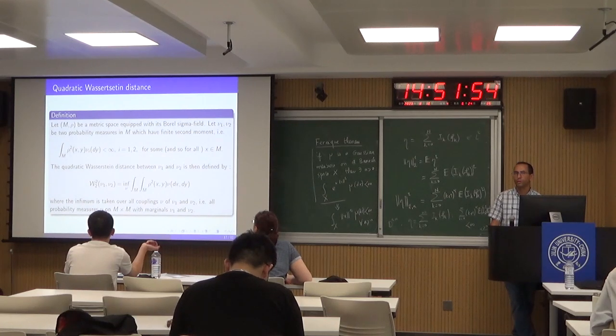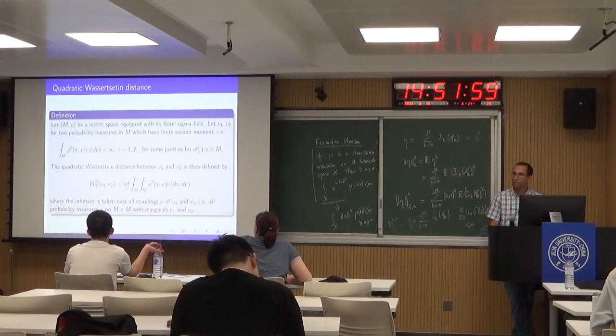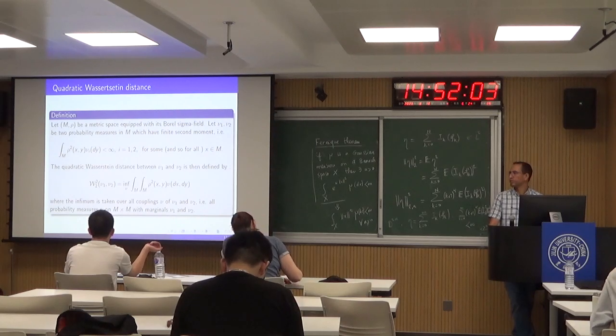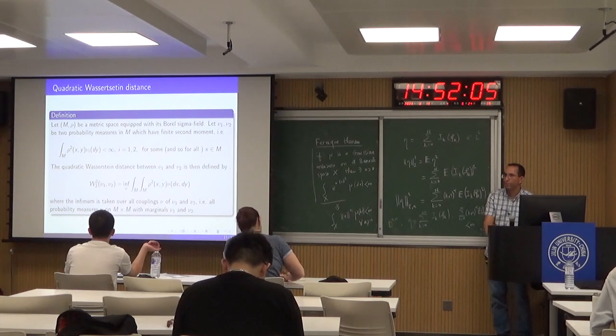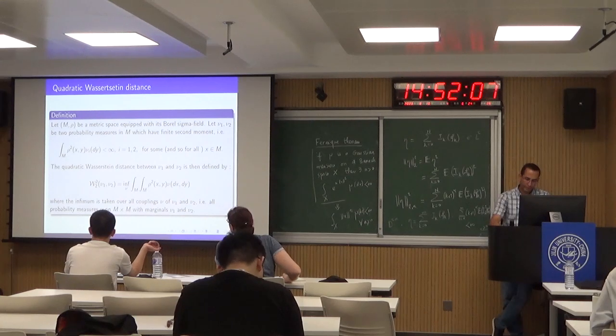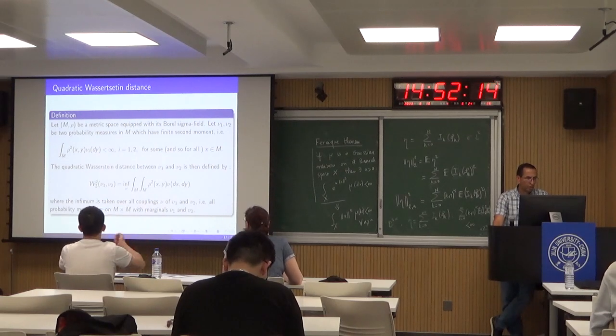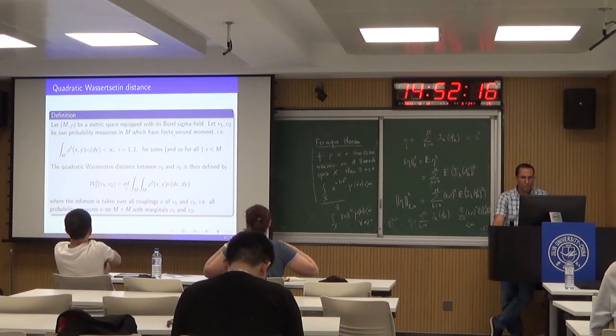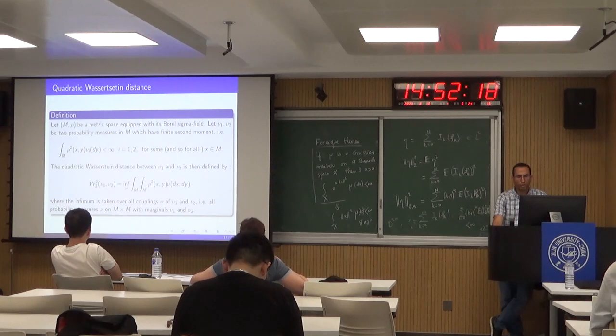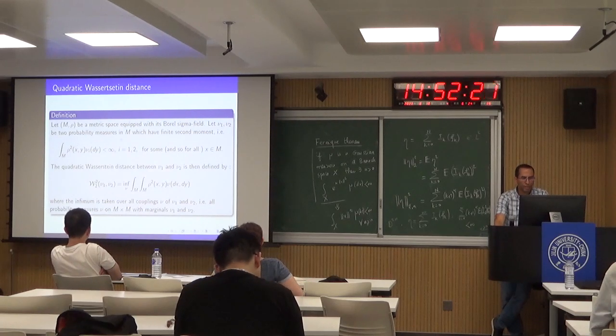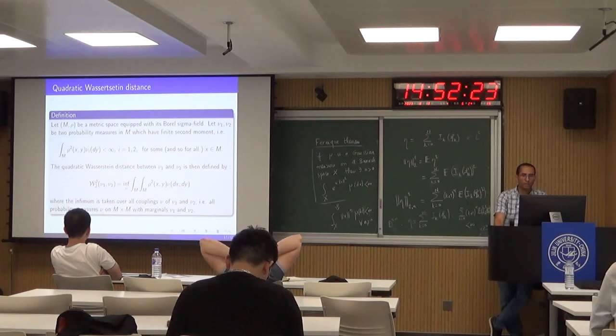We will try to see some distance. There is a quadratic Wasserstein distance that can be used as a distance between probability measures. What is the quadratic Wasserstein distance? We consider any metric space with its Borel sigma field, and two probability measures which have finite second moment in the following sense.